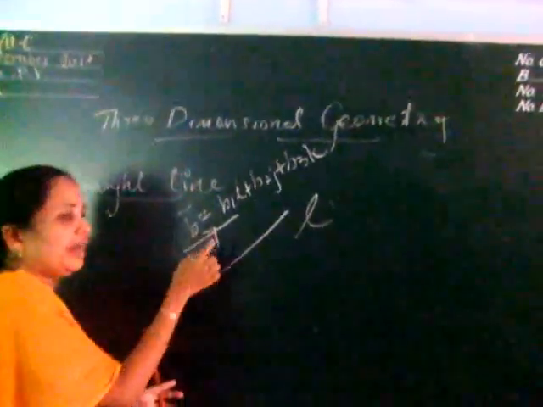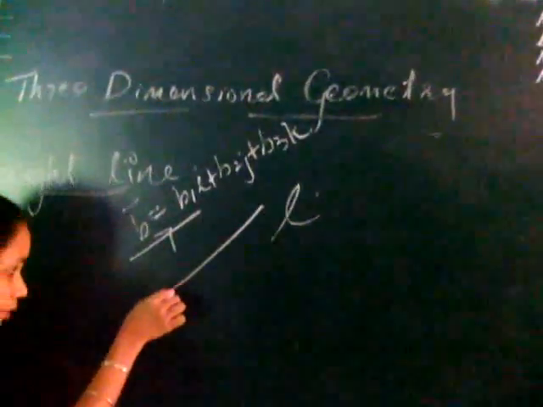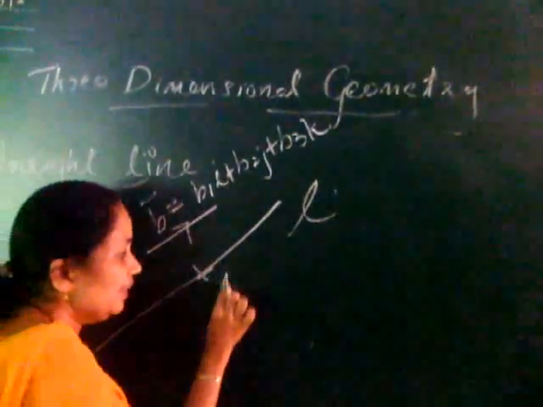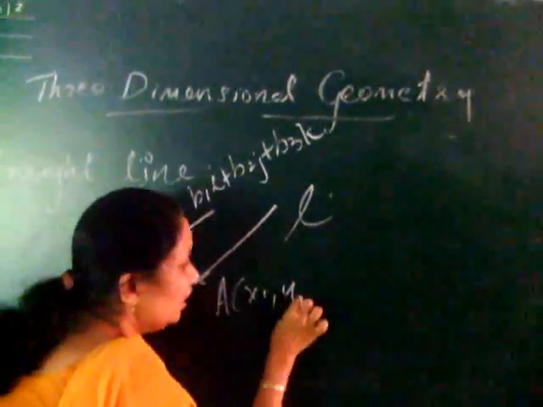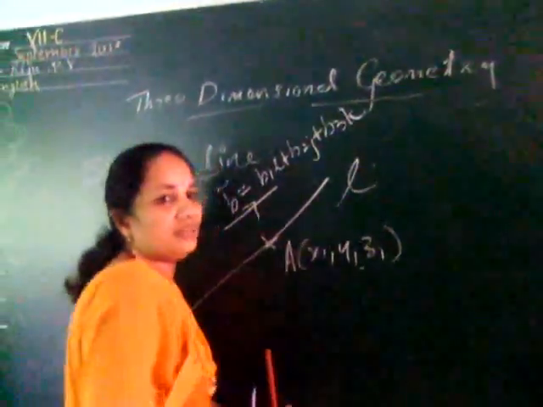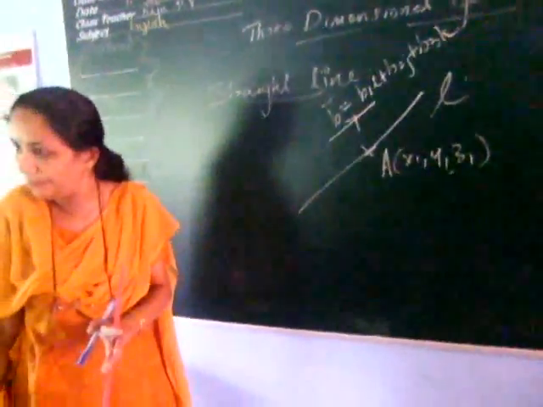This is the vector parallel to the given line, and a point on the line is given. Let us consider A, X1, Y1, Z1 as the point on the line.